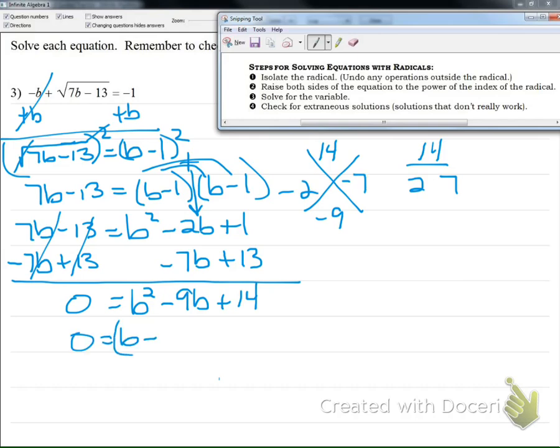So write this in factored form. B minus 2, B minus 7. Now that we have it in factored form, we can find the zeros, or the solutions. Oops, I forgot to change the signs on those. I was getting ready to do this problem. So let's change those signs. That's supposed to be a positive 2 and a positive 7.